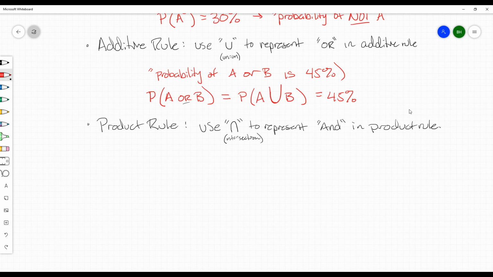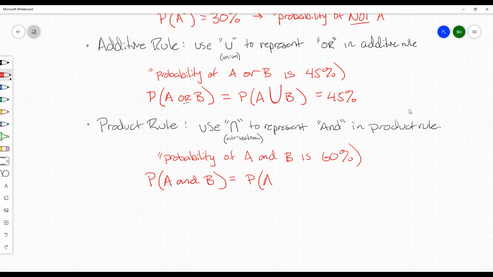And so here you would have the probability of A and B is, let's say these are two different ones, 60%. You could write that as the probability of A and B, or you can write it using the mathematical notation, A intersection B is 60%. You can do either of those pieces of notation.